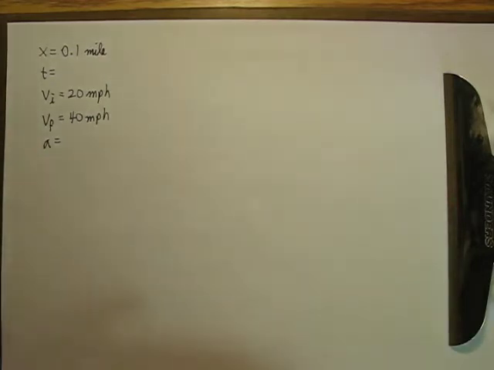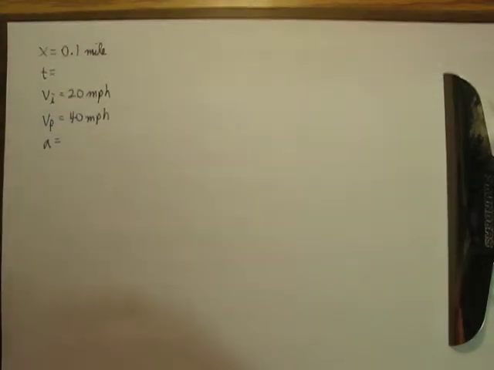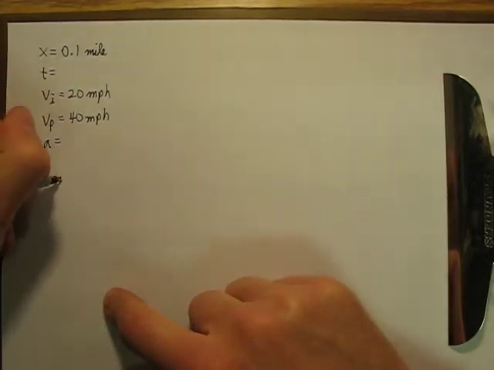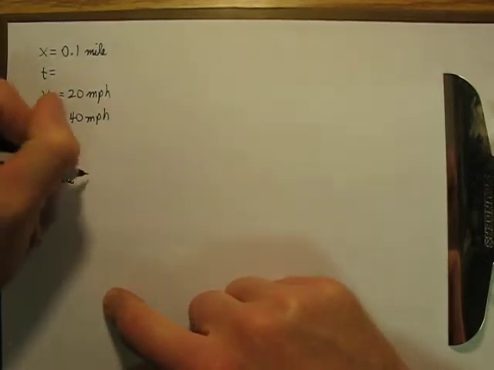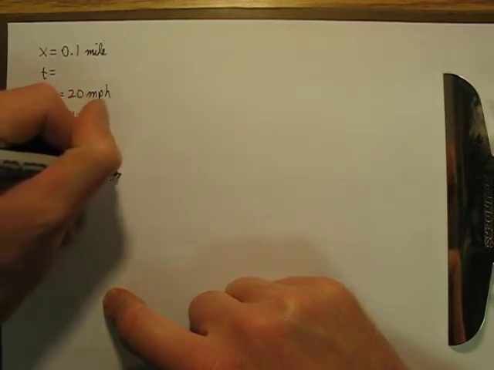Well, first off, for some reason, I am quoting you this in English units, and we don't want English units. So all of these must be replaced. You'll remember that 1 mile equals 1,609 meters.